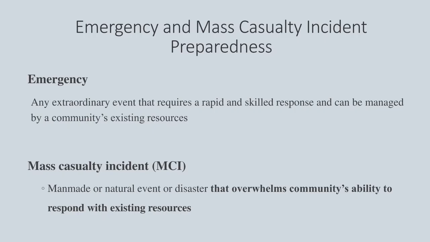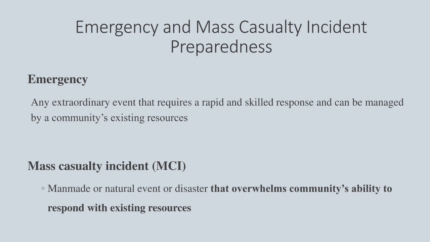So emergencies are any extraordinary event that requires the rapid and skilled response that can be managed by a community's existing resources. When we define something as a mass casualty incident, this is a man-made or natural event or disaster that overwhelms the community's ability to respond with existing resources.